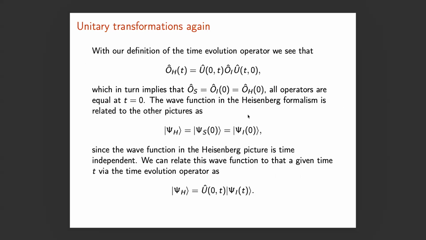And it turns out that the state in the Heisenberg picture is given by the Schrödinger solution at time t0, which is also equal to the wave function at time t0 for the interaction picture. And this operator again, the unitary transformation, you can show that you can transform from the interaction picture at a given time to the Heisenberg picture.